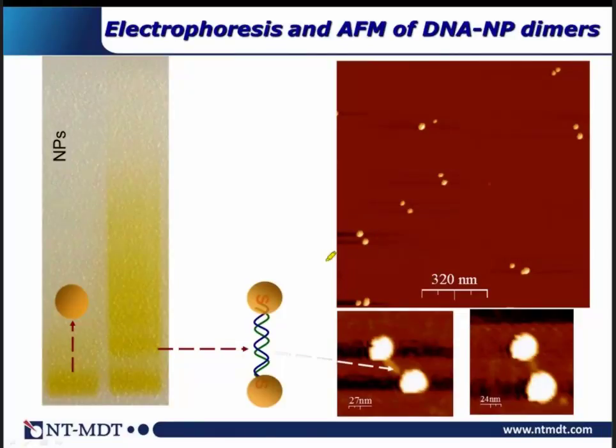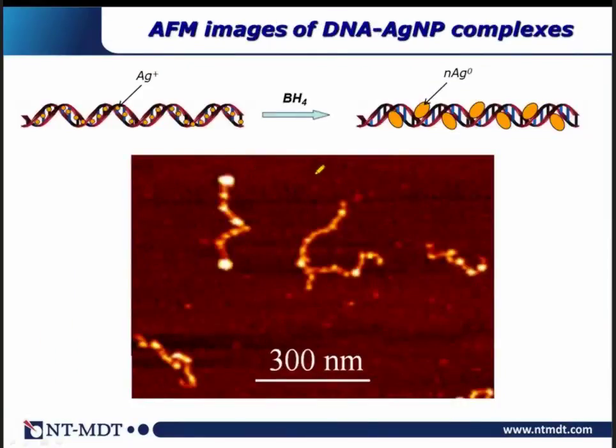Now, in addition, I want to show you some other examples, for example, the formation of nanoparticles inside DNA. In this experiment, we synthesized the poly-G poly-C molecule the same way as I showed you in the second or third slide at the very beginning, and we loaded it with silver ions. Silver ions have very high affinity to the bases, so they sit in the core of the molecule, and these are Ag plus ions.